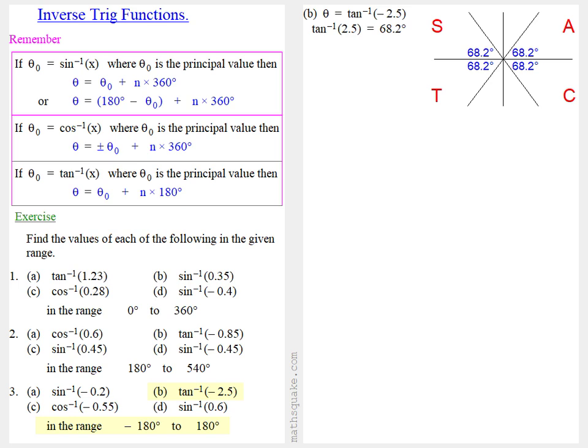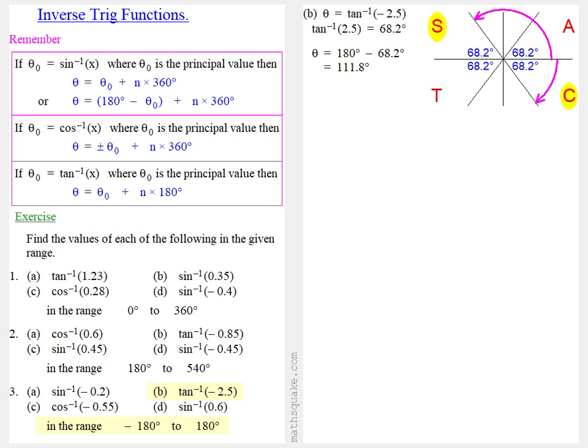Now we were asked for the inverse tangent of minus 2.5. So we want the tangent to be negative. Now it's positive in A because they're all positive there, and it's positive in T. So it's negative in S and C. So if we go anti-clockwise from the x-axis around to the diagonal line at S, that's an angle of 180 minus 68.2 degrees, which is 111.8 degrees.